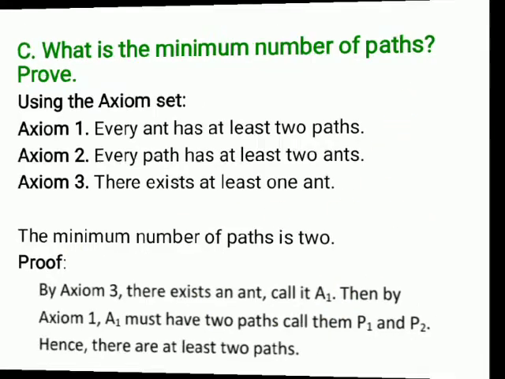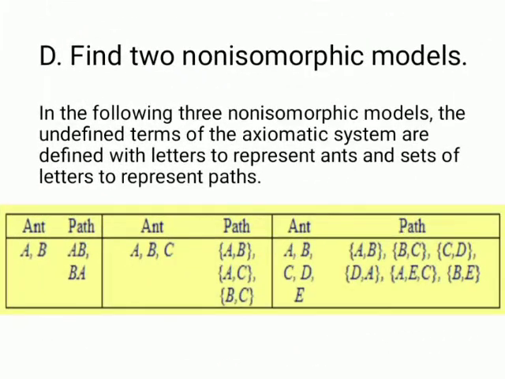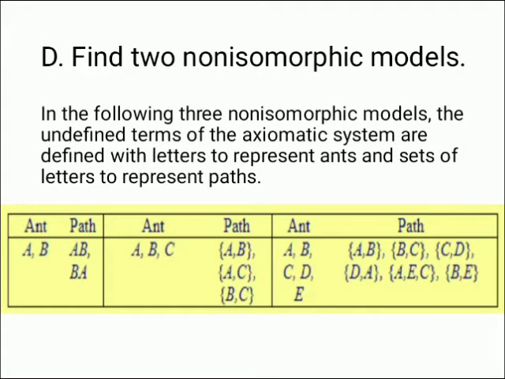So, next, let's proceed to letter D. Letter D, find 2 non-isomorphic models. Non-isomorphic means different. So, find 2 different models. So, bali dalawang different models yung hinihingi, ngunit tatlo itong nasa examples natin.